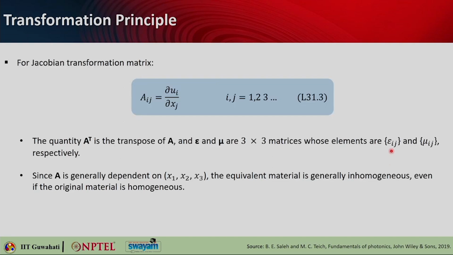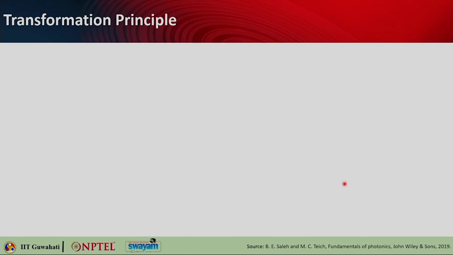So, you can represent the elements as epsilon ij and mu ij, fine. Now, since the Jacobian matrix A is generally dependent on x1, x2 and x3, the equivalent material that you will see will generally be inhomogeneous, even if the original material that you started with was homogeneous.